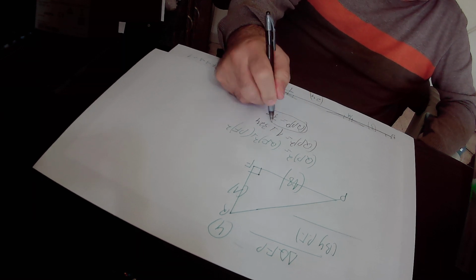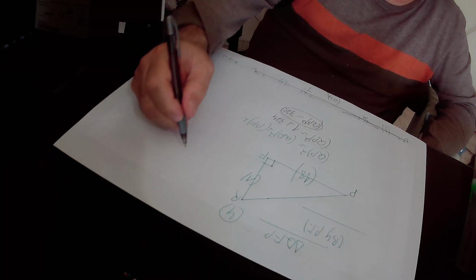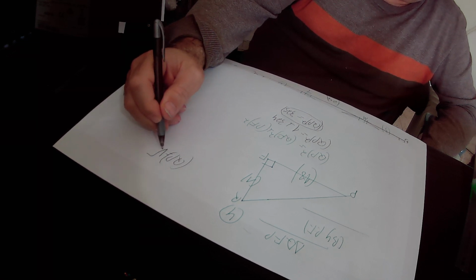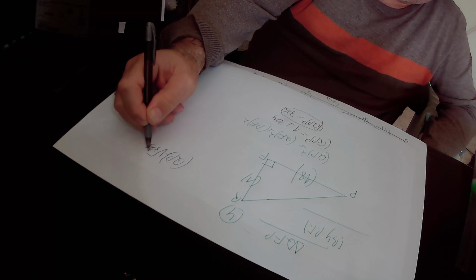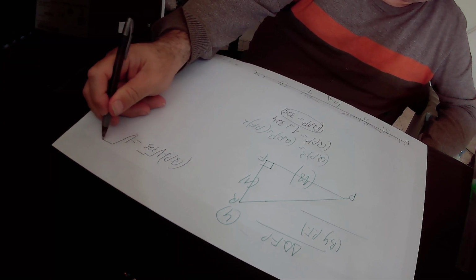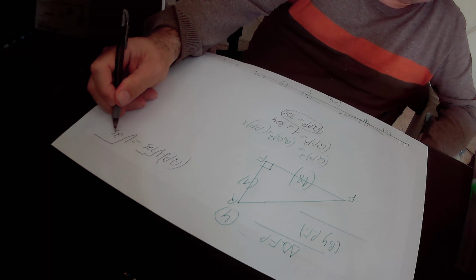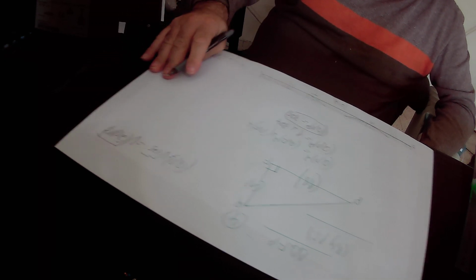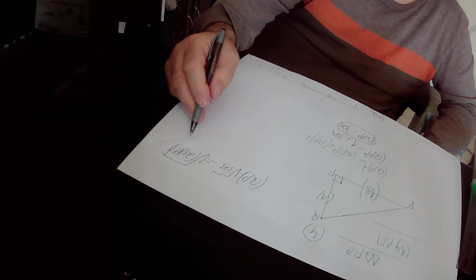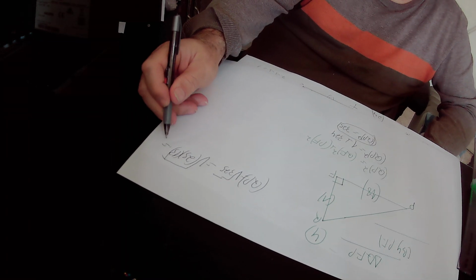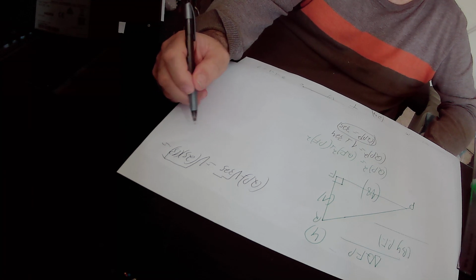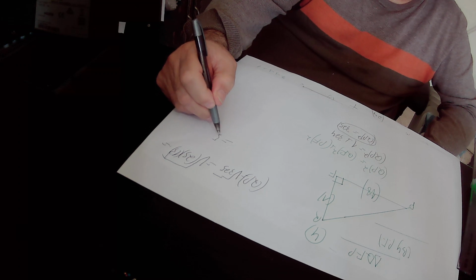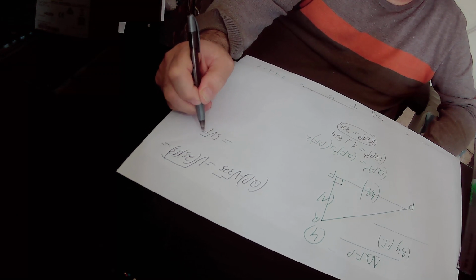Here we take a root out of this equation and we get that QP equals the square root of 325. Actually, 325 is 25 times 13. So here we can take 25 out of the root. The square root of 25 is 5. So we get here 5, and inside the root we have only 13.